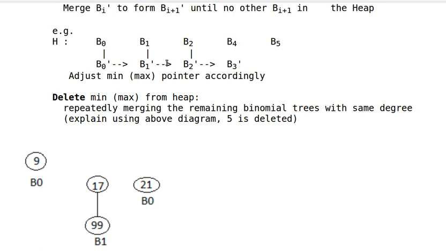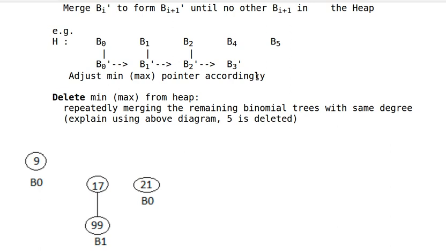So we get B2 dash. And then this B2 dash needs to be merged with B2 to get B3 dash. There's no B3 in H. So our new heap will have B3 dash, B4, B5. And then we can adjust our minimum pointer that points to the node that has the minimum element accordingly. We adjust it.